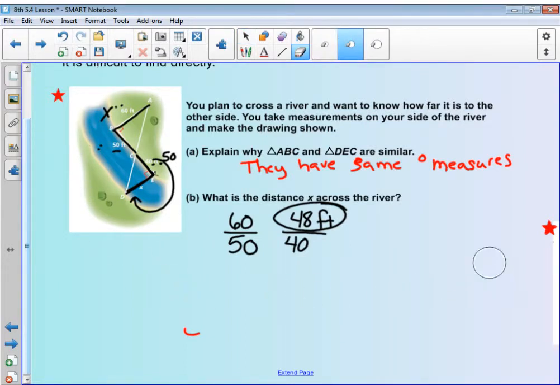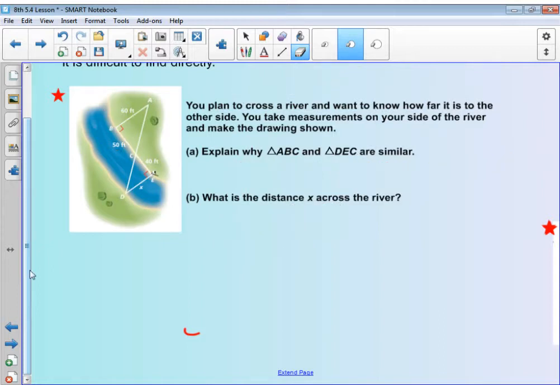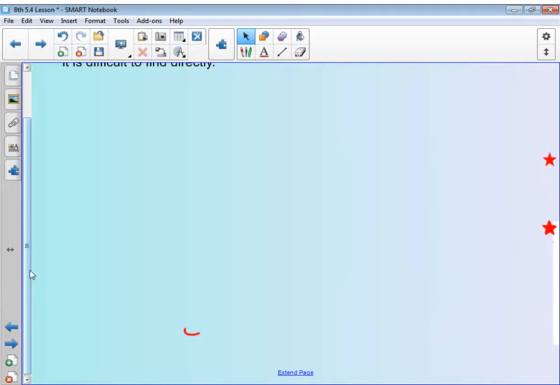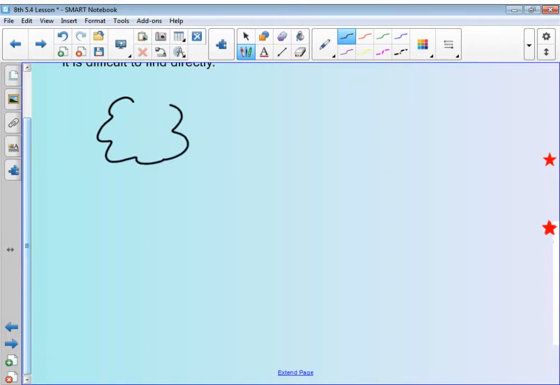Okay, so now I'm going to go ahead and write a couple up for you to try independently on your own. Okay, so I want you to try this one. If I have a tree, I know, a beautiful tree, and then I have a person here. And this person is, we'll say, 6 feet tall.